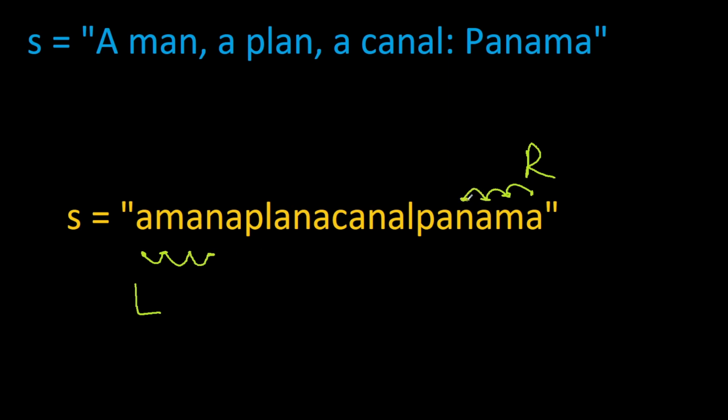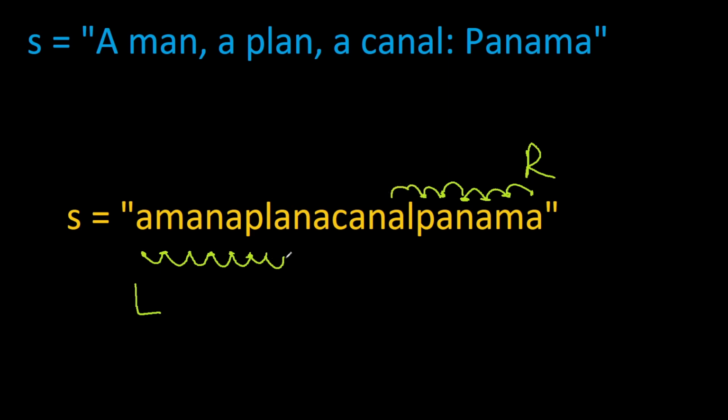We essentially keep moving until we find a difference so that we can return false. So here we have N, and they are the same. So we go ahead and increment left by 1, decrement right by 1. And we check A and A. They are the same. So we increment left by 1, decrement right by 1. P and P are the same. So we keep moving along.